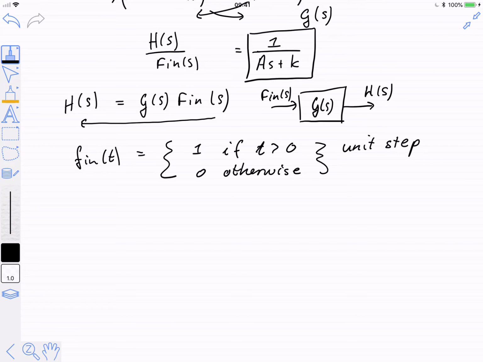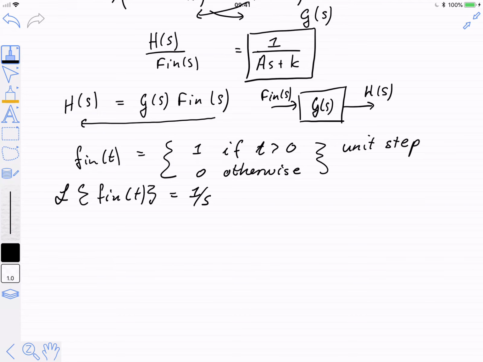This function has a known Laplace transform in the table. So I don't have to do anything very special to get that Laplace transform. I simply say, here is what that function is in the table. Its corresponding Laplace transform is 1 over s by virtue of the table.